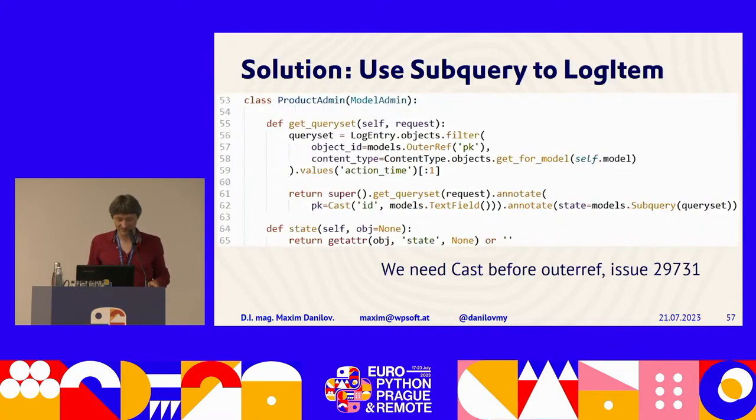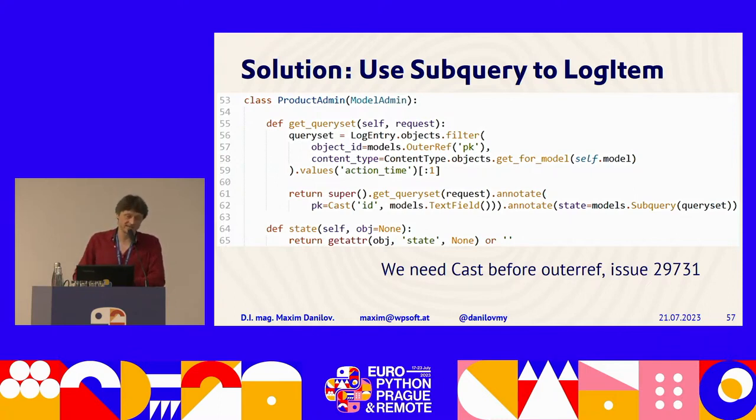Why? We can use LogEntry. Django contrib admin writes information about the state on every change. The action time from the last row is the change time. The action time from the first row for this object is the creation time.